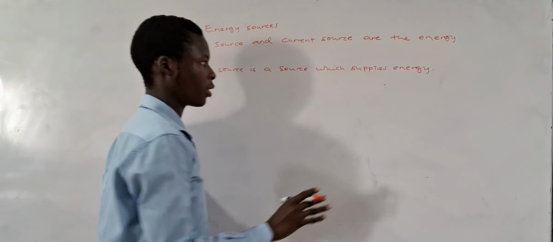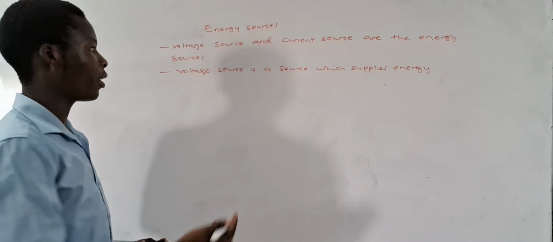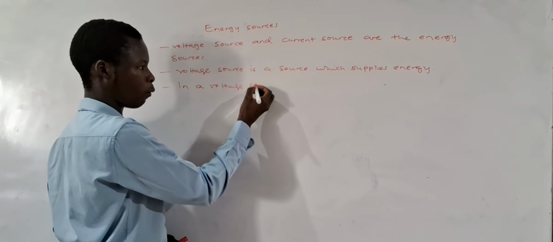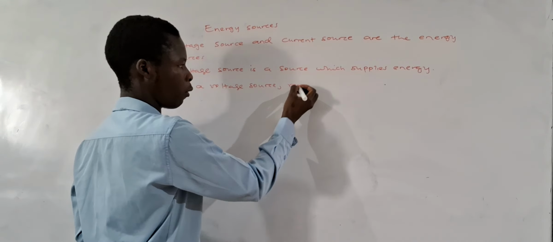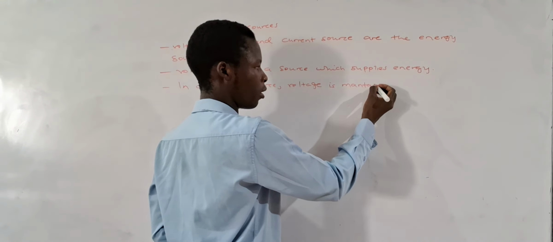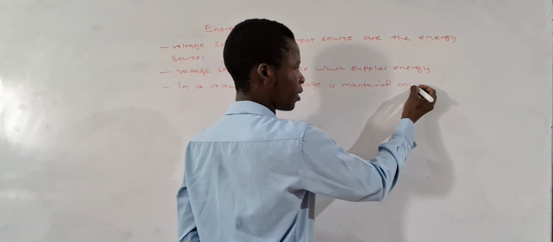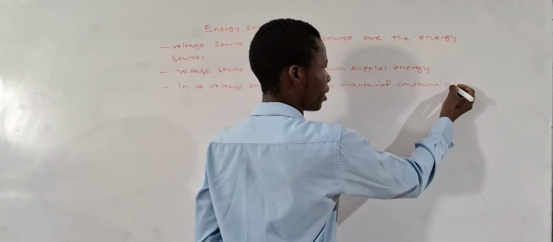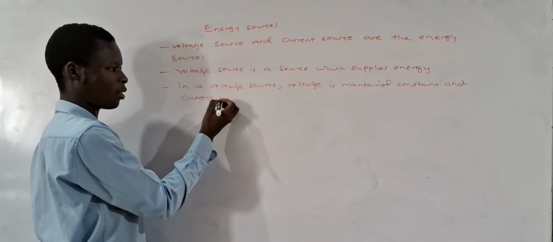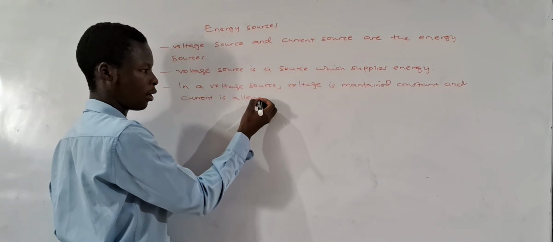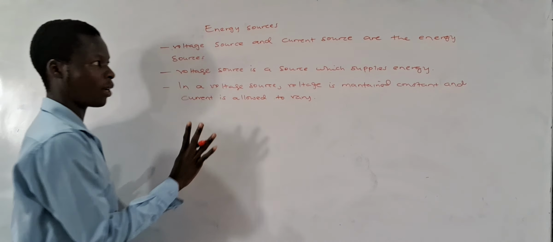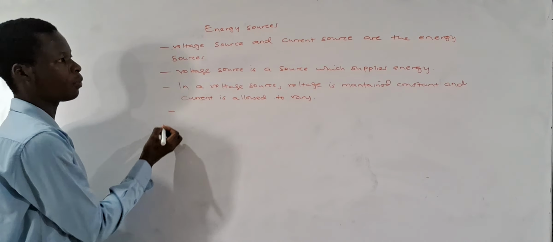In a voltage source, voltage is maintained constant, and current is allowed to vary. And current is allowed to what? To vary. In a what? In a voltage source. Yes.